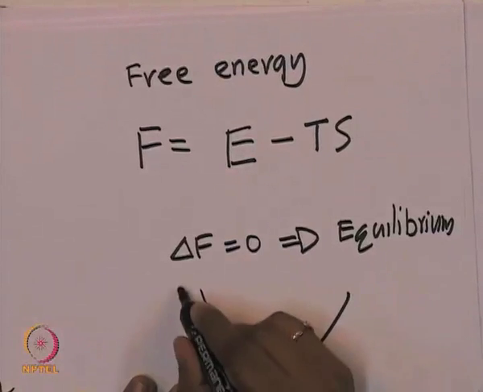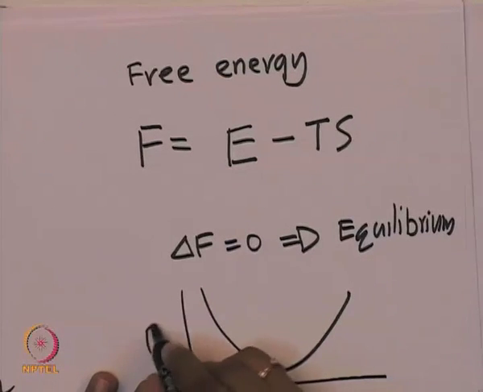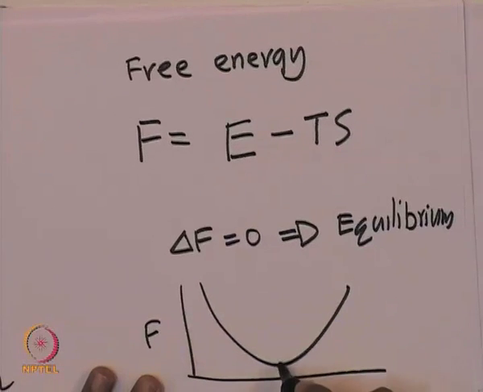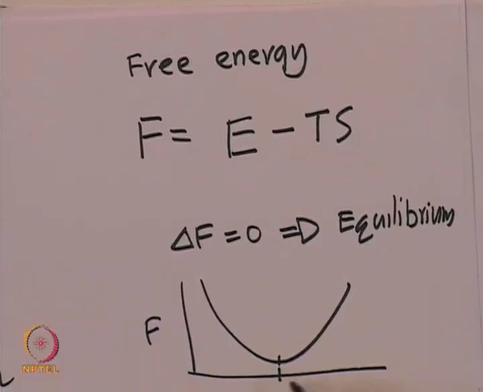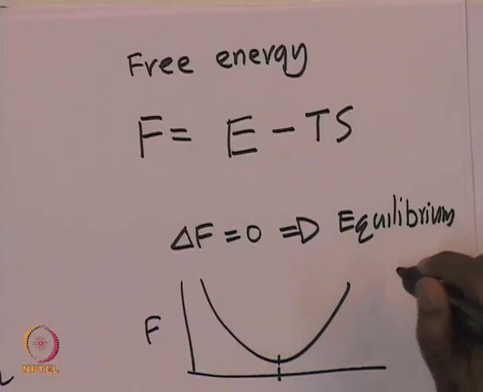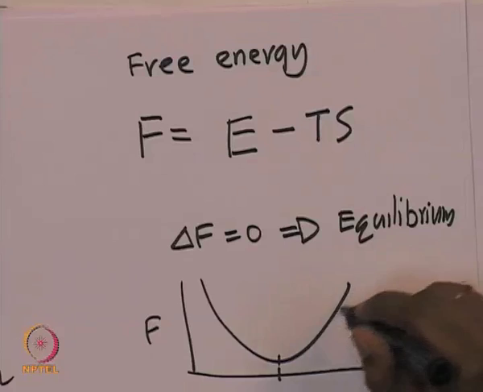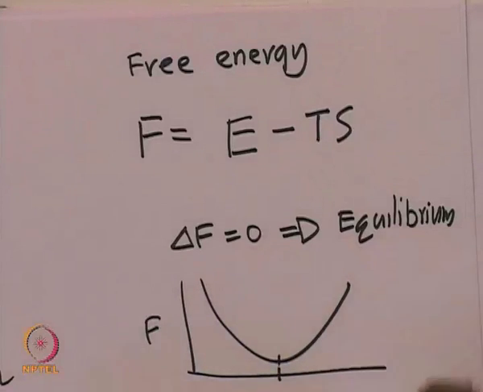We told that if you plot free energy as a function of any parameter, for whatever parameter value you will have this minimum, and this is the point where the system is in equilibrium. We will discuss this equilibrium in detail, but this is the importance of free energy.